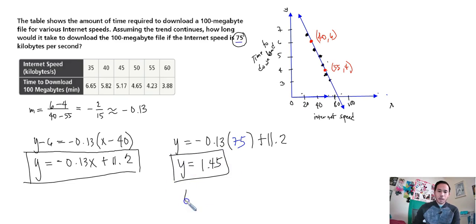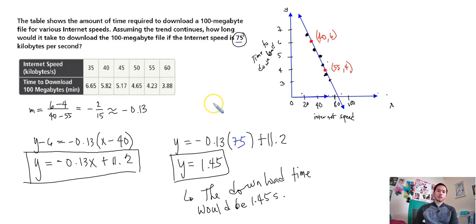To interpret that, we can say that the download time would be 1.45 seconds.